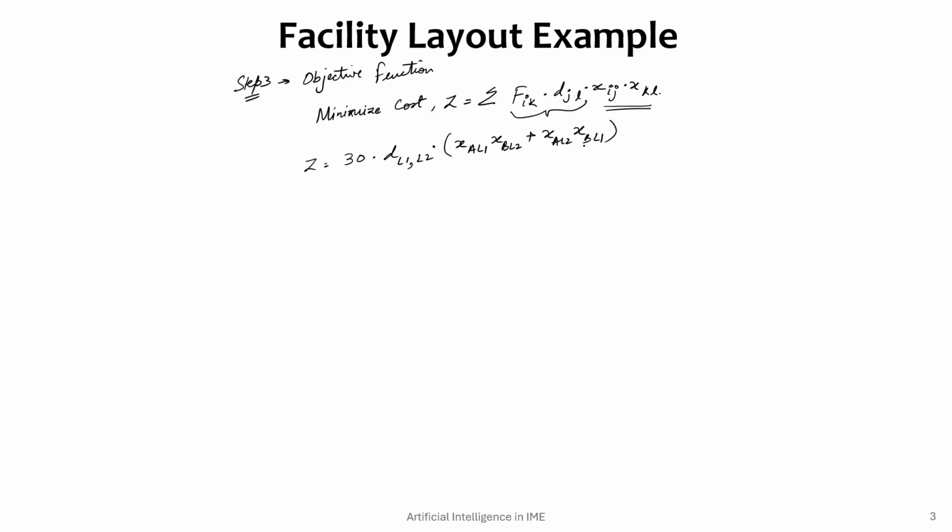So since there are only two departments and two locations involved, it reduces to a very simple formula that you can enumerate and just write by hand, right? But usually this is not the case. When this problem extends to more departments and more locations, then the computation power of your machines needs to be utilized, and the solution space extends to a whole new lot of possibilities, right? So this is finally your objective function.